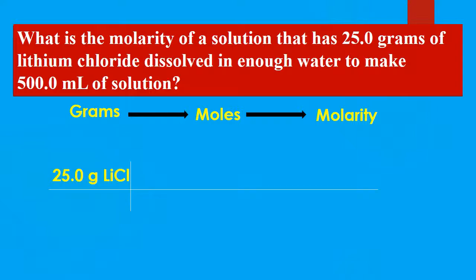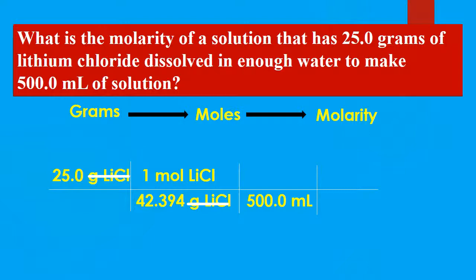So we start with our grams of lithium chloride, 25.0. We now divide by the formula mass of lithium chloride to get our moles, because in 1 mole of lithium chloride we have 42.394 grams. Now we divide by the volume of solution, which is 500 milliliters, but we want it in liters.